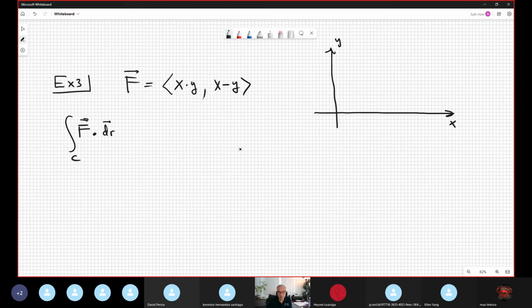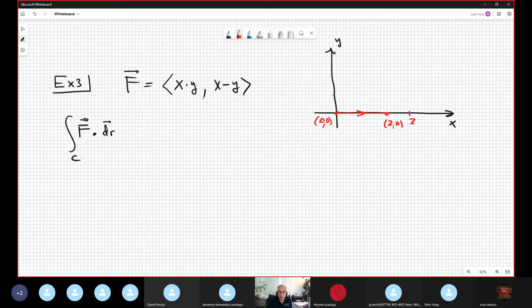It contains two pieces. The first piece is from the origin 0,0, traveling in this direction to one specific point, 2,0. The orientation is mandatory. Then stop here and travel to another point, 3,2.